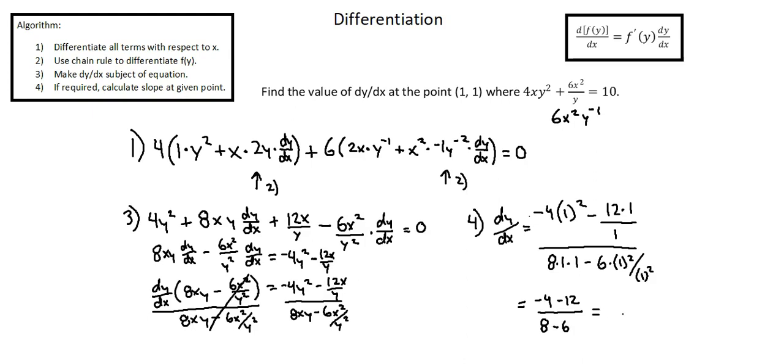And this expression simplifies to negative 16 over positive 2, which is negative 8. So, the value of the derivative of y with respect to x at the point (1, 1), given the particular function, is negative 8. We've completed all requirements, and this concludes implicit differentiation example 2.